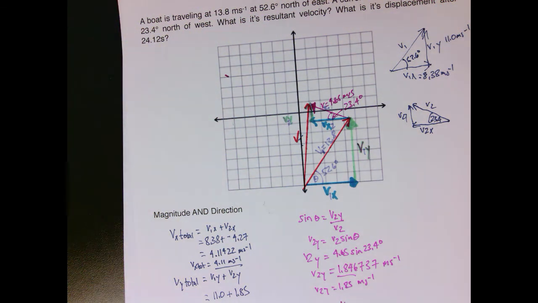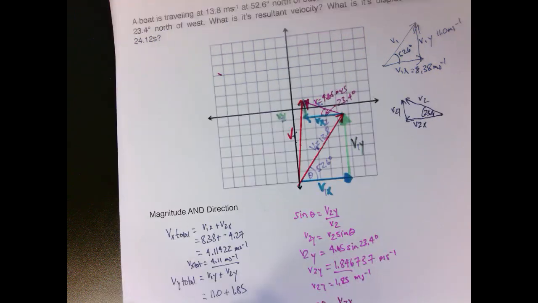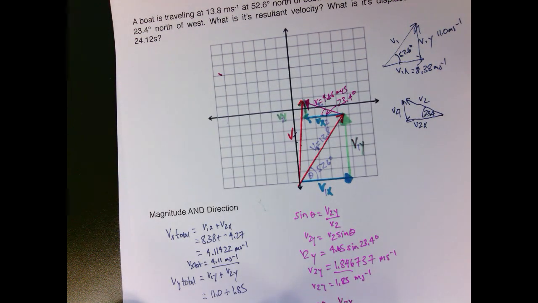Plus the unrounded value of 10.96292 gives us 12.80965 meters per second. To 3 significant digits, vy total would be 12.8 meters per second.